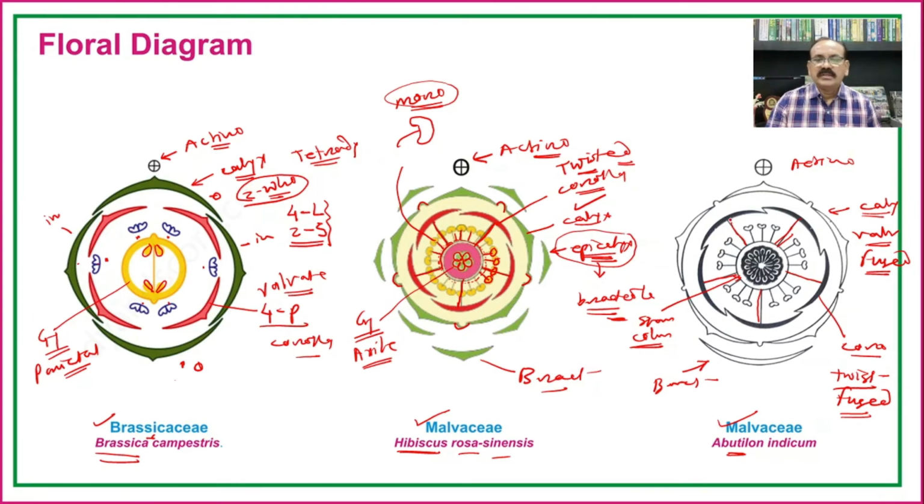So such a type of anthers which are monothecous, epipetalous and monadelphous are found in Abutilon. And there are many carpels, and hence a many-chambered ovary is present with axile placentation in Abutilon also.